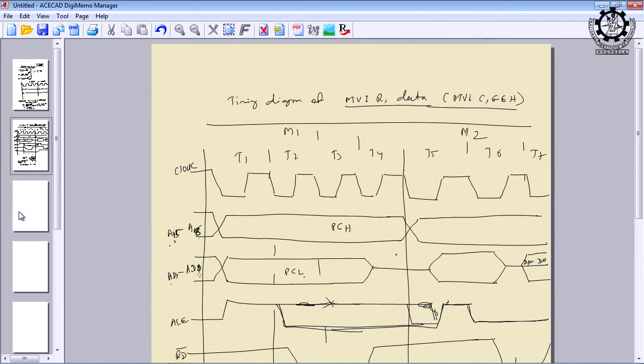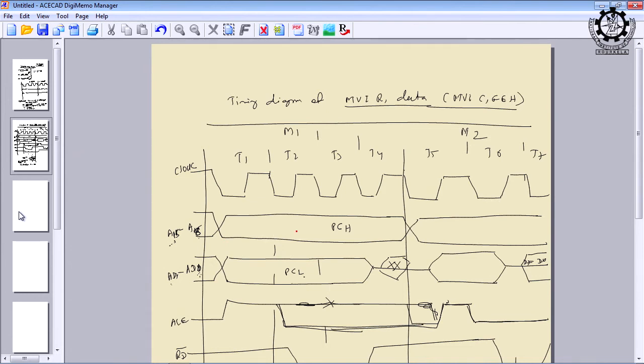And in the last 2 clock periods, you will see the opcode, here XX, will be made available from AD0 to AD7. Therefore, A8 to A15 will not be affected. It varies from instruction to instruction, but usually it takes a maximum of 2 clock periods. To make it more clear, again I am telling, initially AD0 to A15 will be holding the 16-bit address for, assume, the first 2 clock periods.